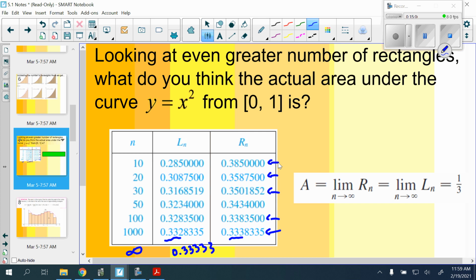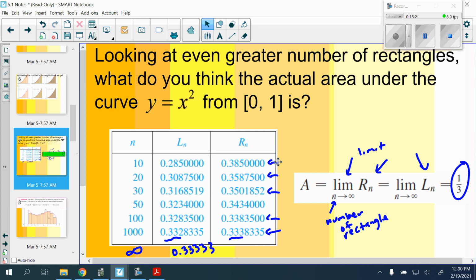So if we increase the number of rectangles to infinity, we can do that by taking a limit as the number of rectangles goes to infinity. The right estimate and the left estimate should end up equaling the same thing of 1/3. So the exact area under that curve, even though it's a curved value, is actually exactly 1/3.